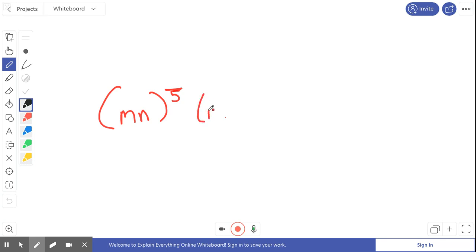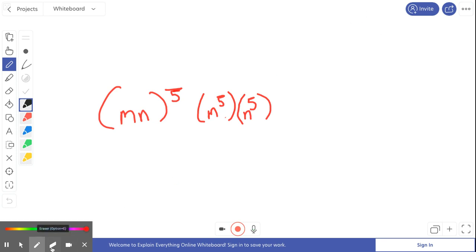So that will be m to the fifth and n to the fifth. So now that these two are raised to the same power, the exponent of 5 is what each number is raised to. And that is how you find the powers of a product property.